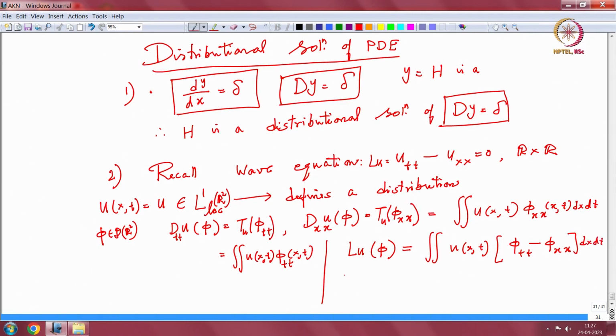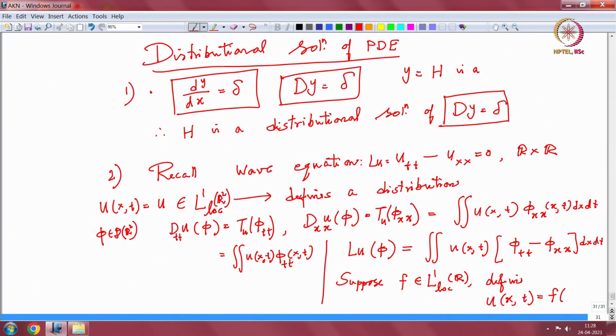Now, I want to find a solution to it. Suppose f is a locally integrable function in one variable and define u(x,t) as f of x minus, maybe I can put a constant also here.